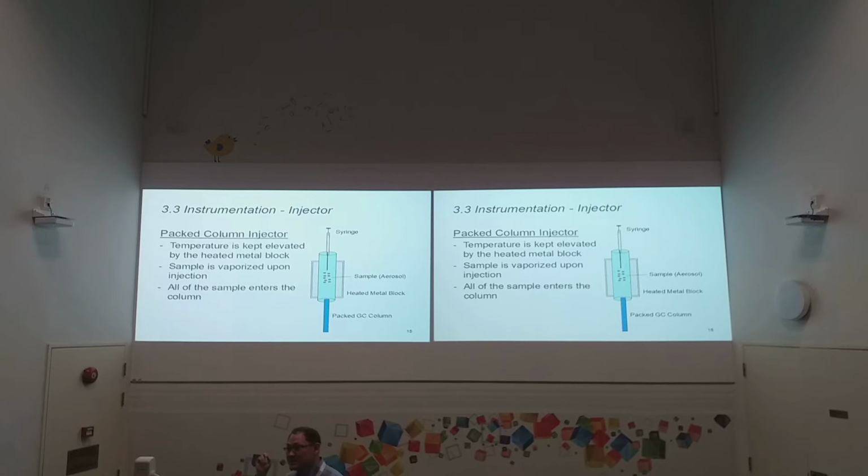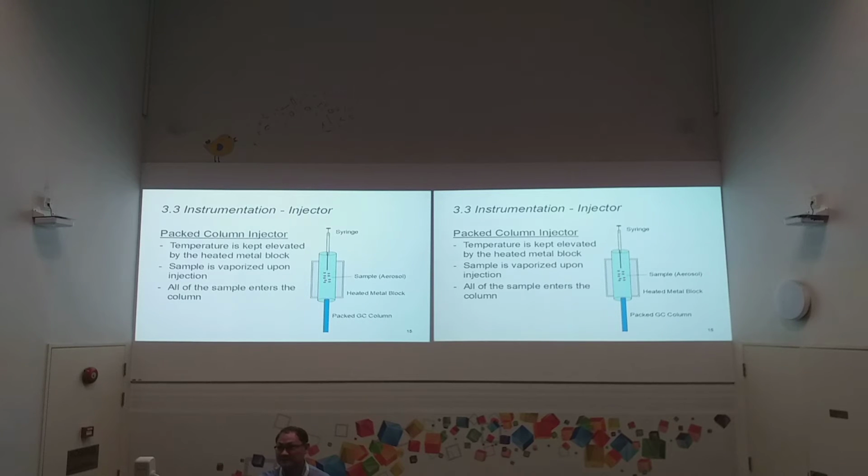Why is that so? Because for the injector, I said we need to provide huge energy to vaporize things. The temperature can easily go up to 200 degrees Celsius, 300.